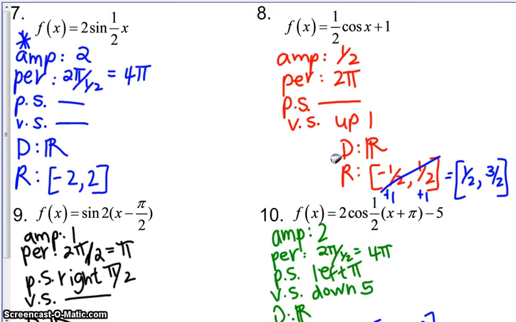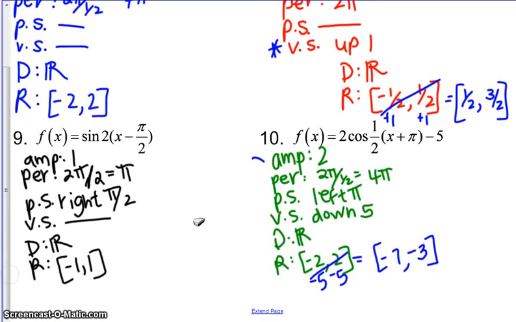Our domain is all real numbers, and our range from our amplitude changed from -1/2 to +1/2, yet we also had a vertical shift up 1. So we had to add 1 to each of those, which leaves us at 1/2 to 3/2.